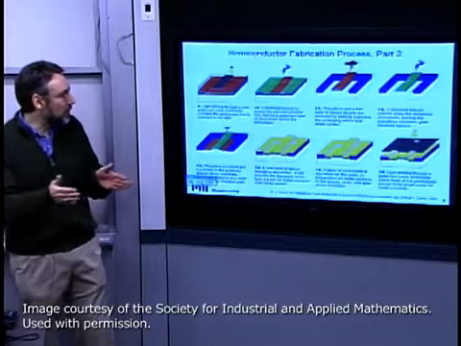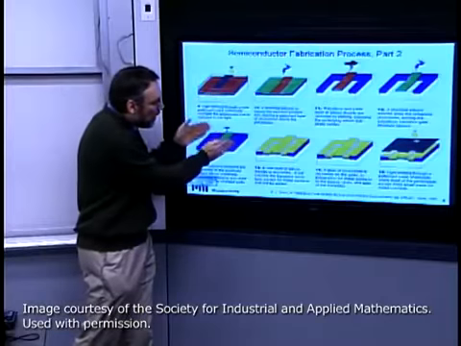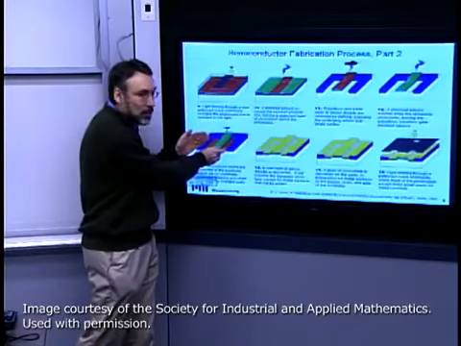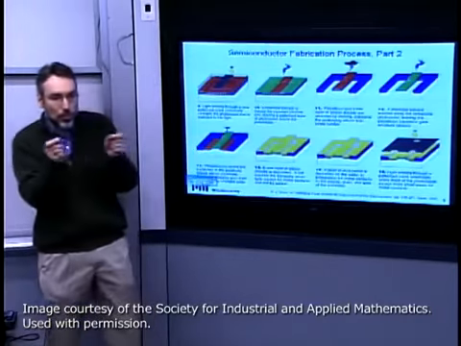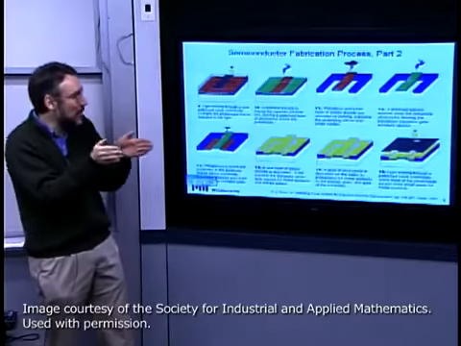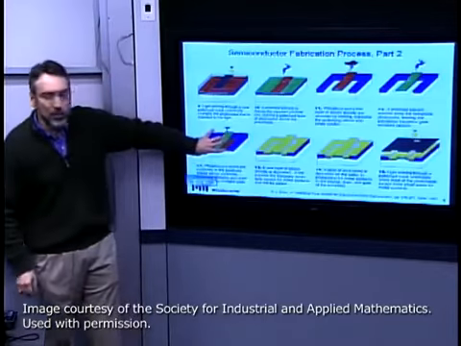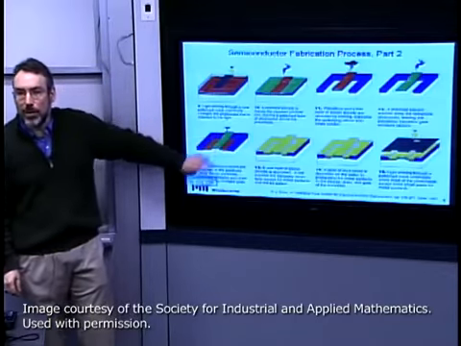So instead of having to put down another photoresist layer and try to open up just exactly those regions, and worry about aligning the physical mask to match up exactly with the existing structures on the wafer, we can take advantage of the underlying structures to achieve that spatial alignment.